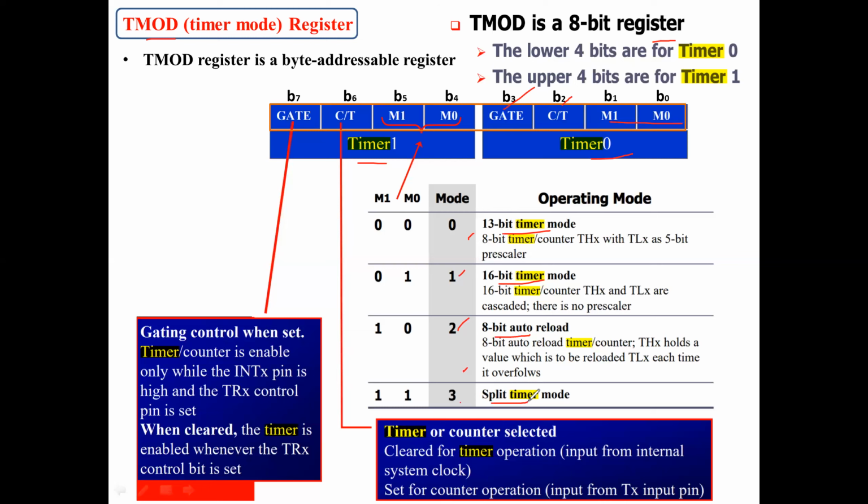So this you should understand. And one more thing: this particular register is byte addressable. What is byte addressable? You cannot set a bit, for example, TMOD.7.